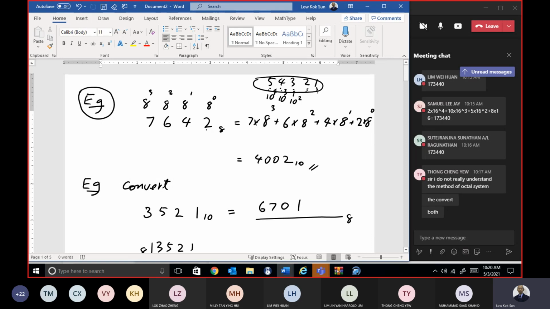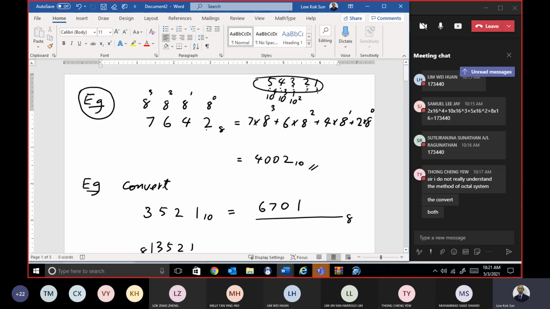So all these digits have value in terms of powers of 10. In case you worry that you may confuse them, all number systems always start from power of 0, 1, 2, 3, 4.